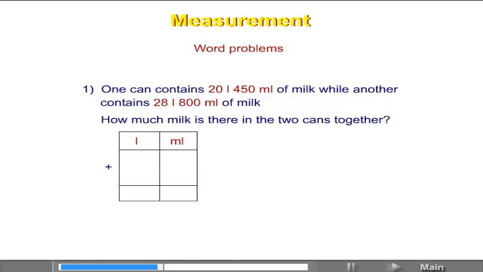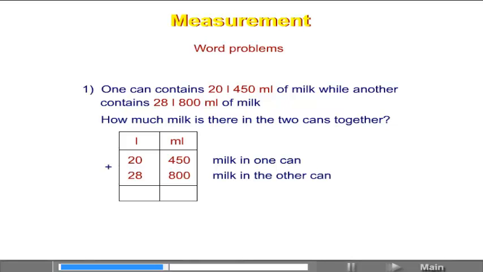Let us write the quantity of milk as liters and milliliters separately. Hence, milk in one can is equal to 2 liters 450 milliliters. Below this, we will write the quantity of milk from the other can. It is 28 liters and 800 milliliters.